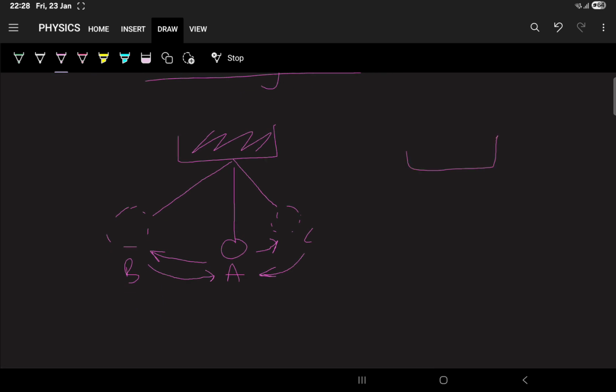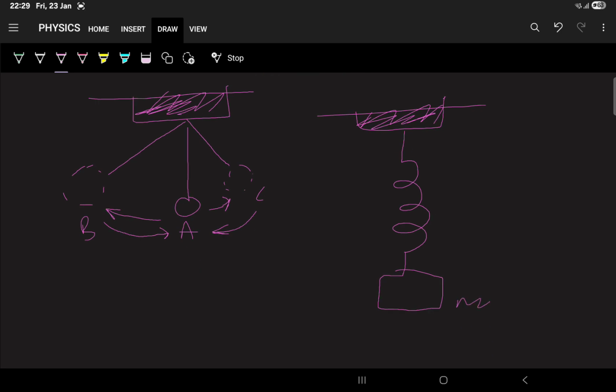Another example of this would be, this means it's fixed to maybe a wall. So assuming this to be a spring, and the spring is attached to a mass, when we displace this, it will start oscillating, going up and down, up and down. This is another example of oscillatory or vibratory motion.